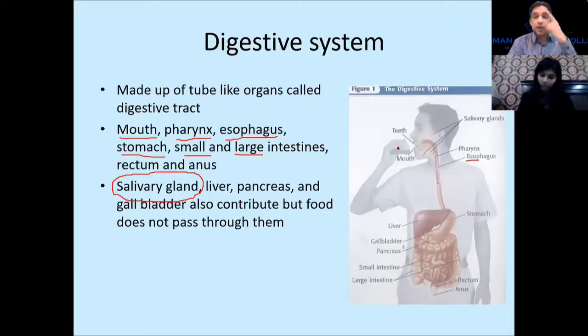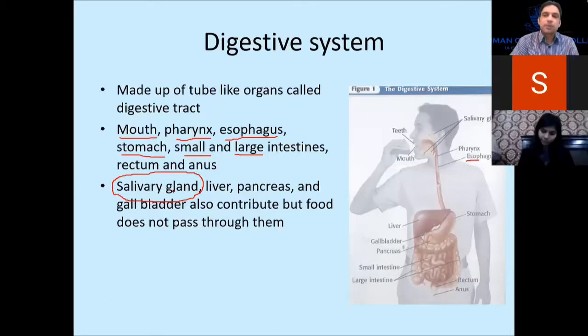If you raise your tongue and look into the mirror, you will see white loops present below your tongue, and those are salivary glands. Their purpose is to produce saliva. And it is part of the digestive system. It's not random stuff over there. It is involved in the process of digestion.